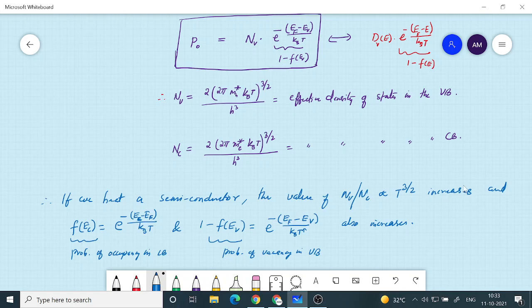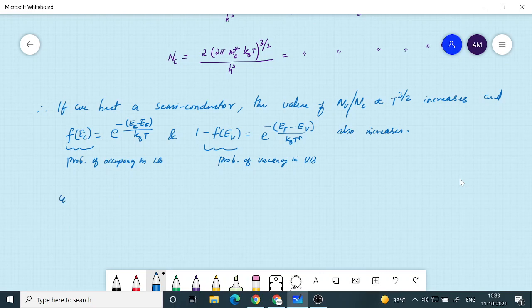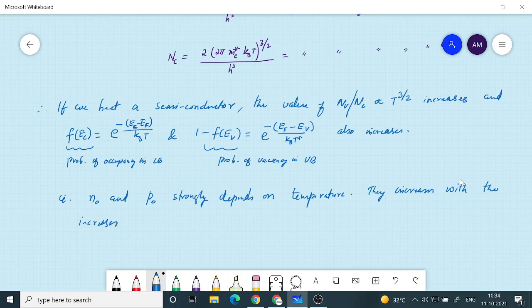So therefore, from this expression, what we can say is that N0 and P0 are strong functions of temperature, and they increase with the increase of temperature, because both ways it increases.